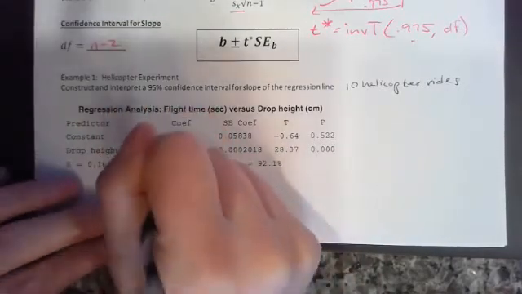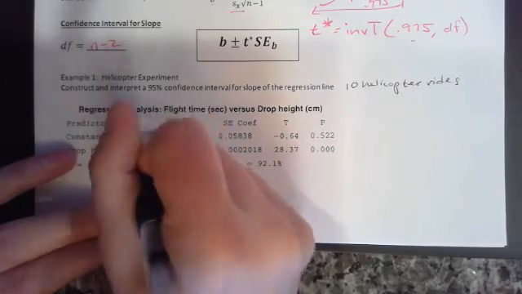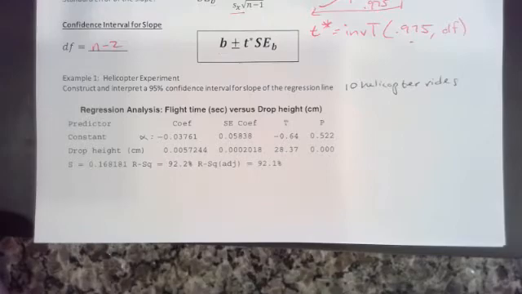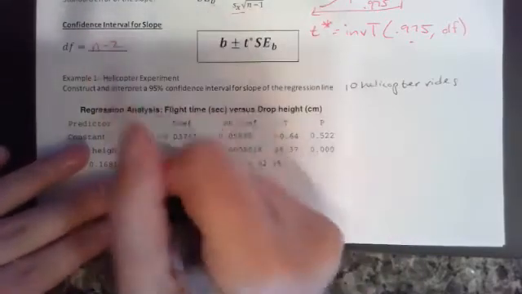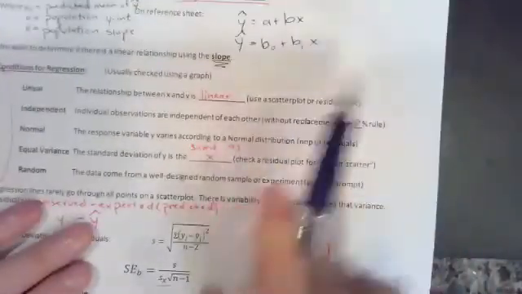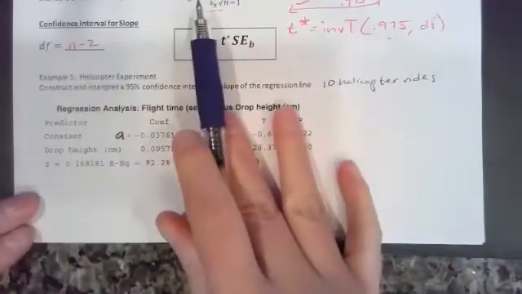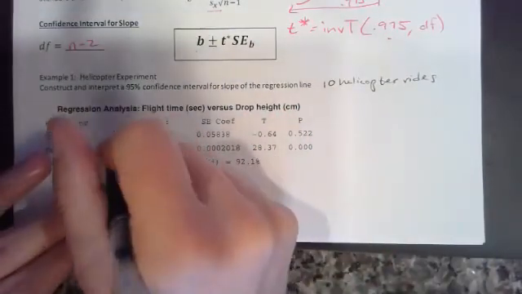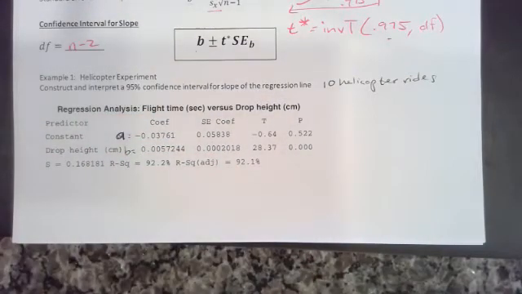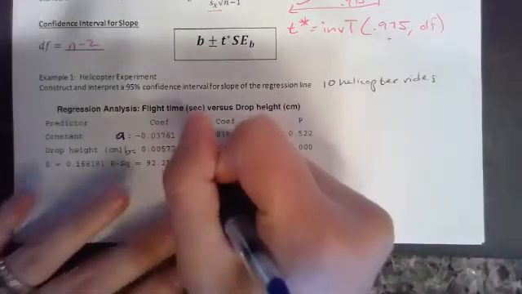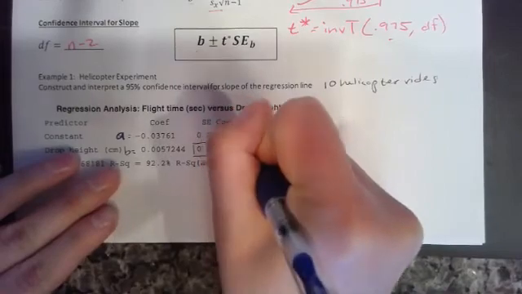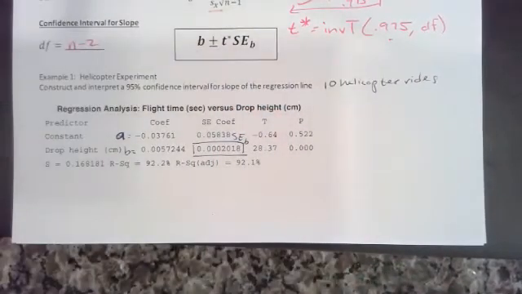So the constant is going to be our y-intercept. And so it would be alpha if we're using the fancy one. I'm just going to use a and b because same idea. So my y-intercept is a, my slope is b. And let's see, now this right here is the standard error of b, or the standard error of the slope.